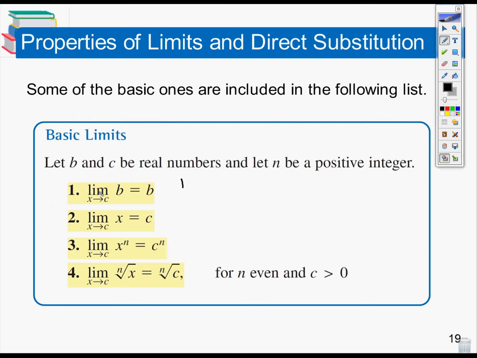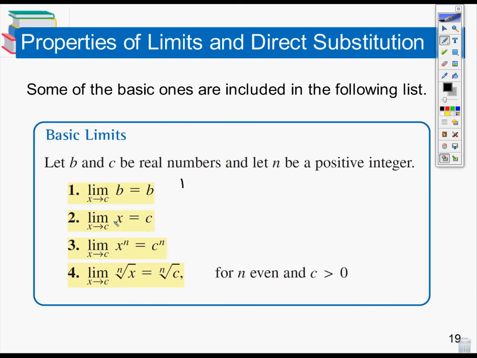So if I have the limit of a specific number as x approaches c, it's just going to be that one specific number. If I have the limit of the function x as x approaches c, then it will be just the c value.